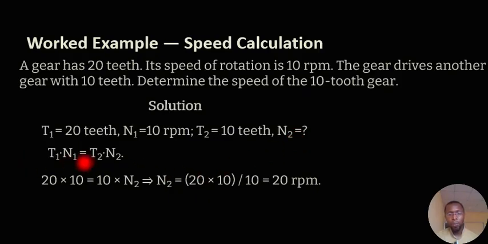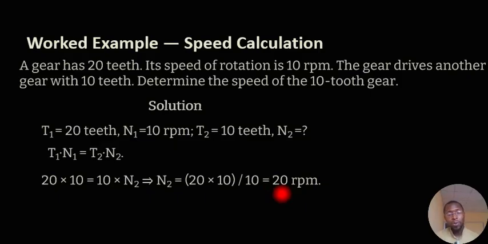So make use of this formula and substitute it correctly, where our T1 is 20, our N1 is 10, that will be 20 times 10. This dot between them is times. So 20 times 10 equals, our T2 is 10, then our N2 is the unknown. So from there, our N2 will be 20 times 10 all over 10. So the speed of the second gear will be 20 RPM. It's as straightforward as that.